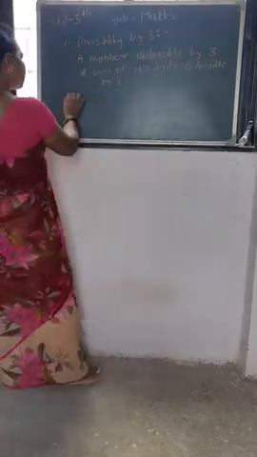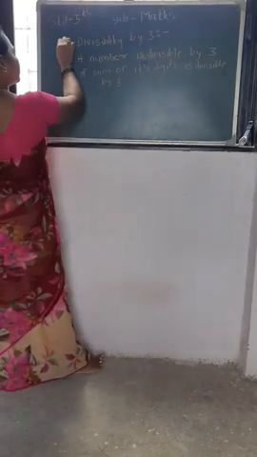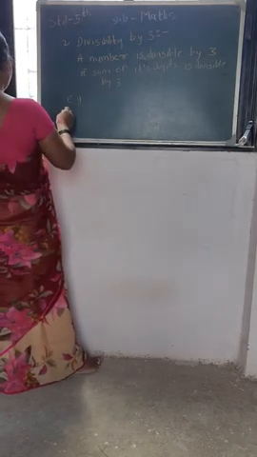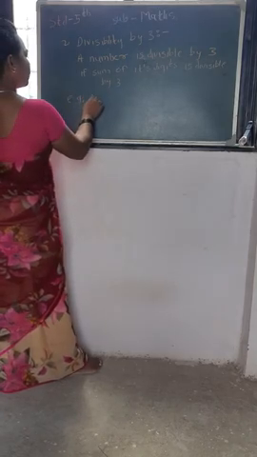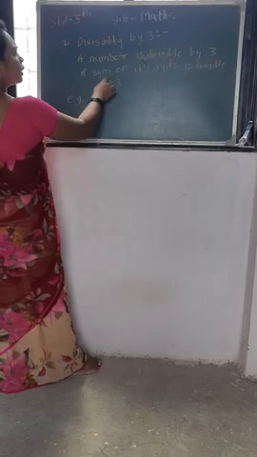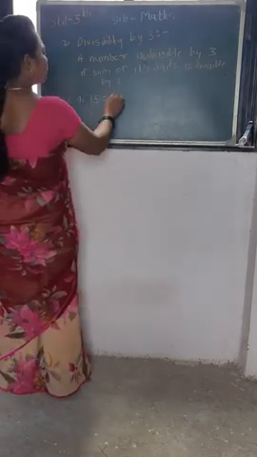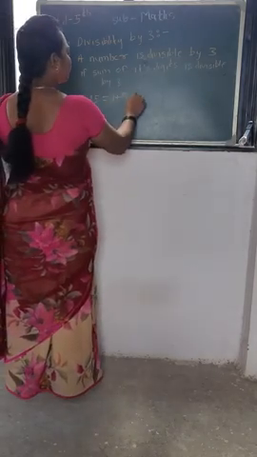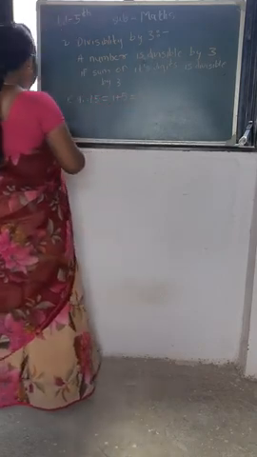For example of the second rule, we have given the number 15. Then the sum of its digits, that is 1 plus 5, is equal to 6. Then 3 2s are 6.